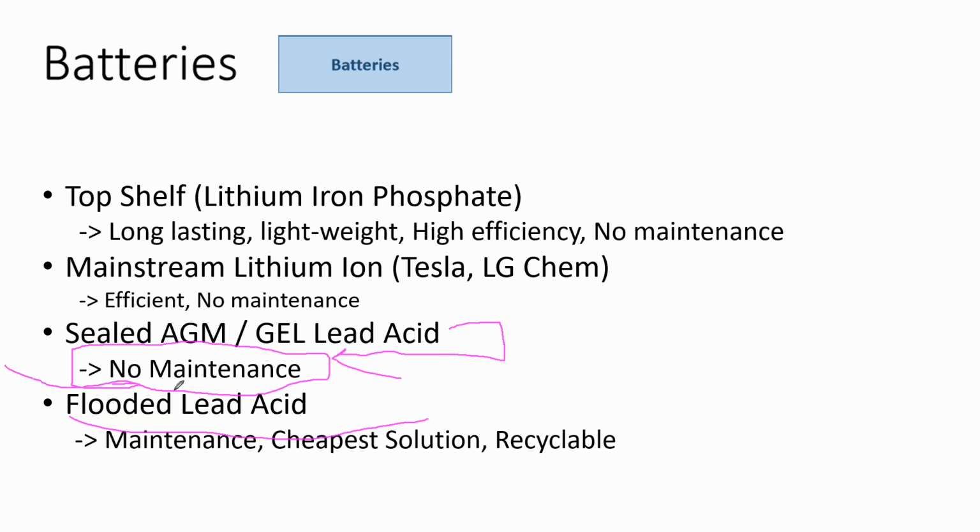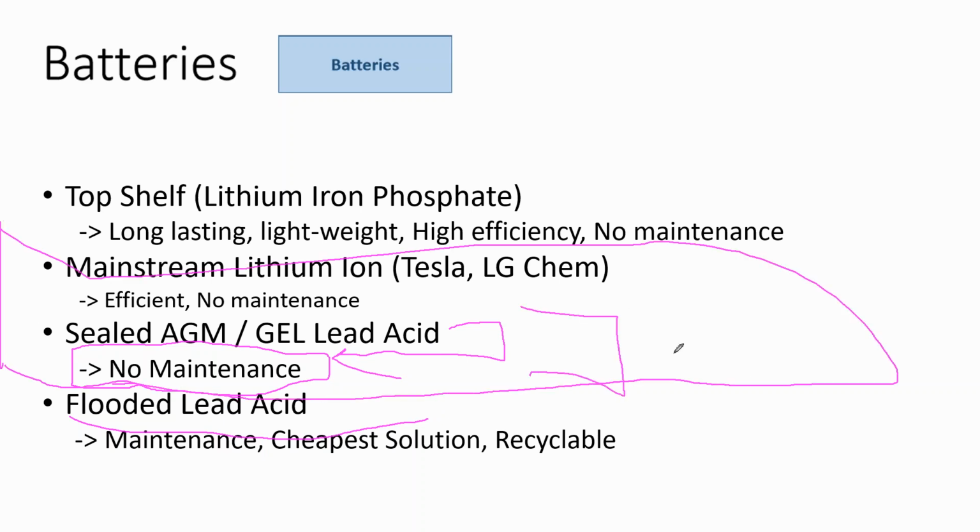And at that point, you say, okay, if you want a battery that the client doesn't have to maintain, do you have the budget for something that over the long run is going to be more cost effective? If you have a client that does not want to maintain their batteries, then that's a good time to start considering lithium ion over lead acid.